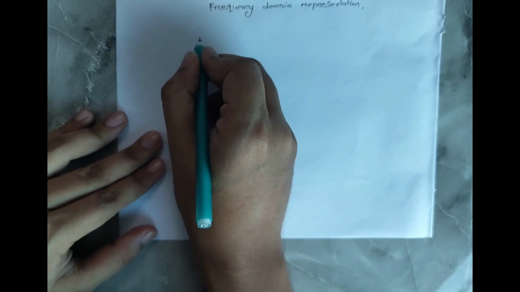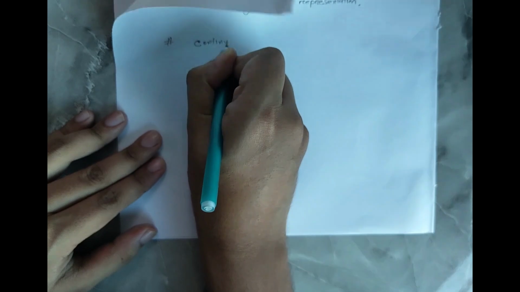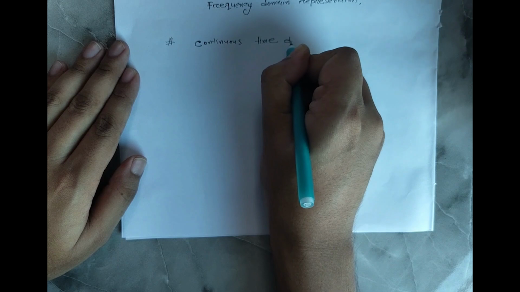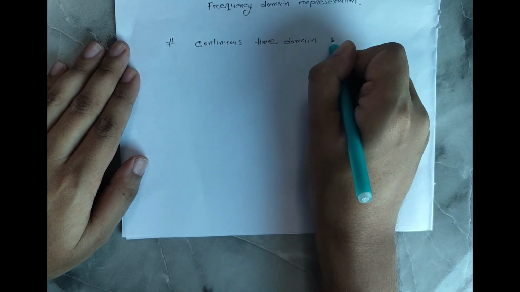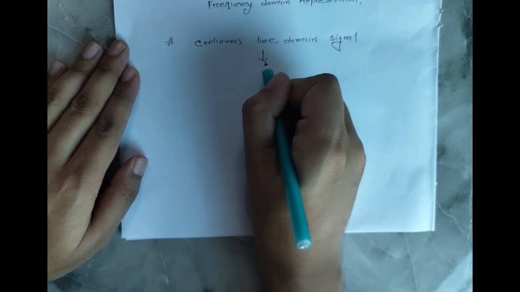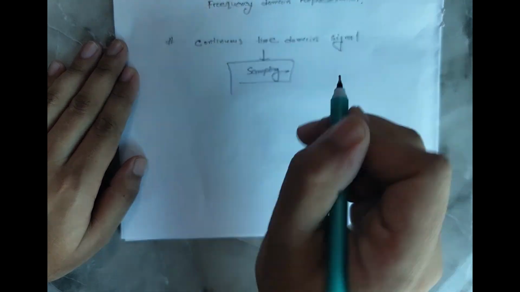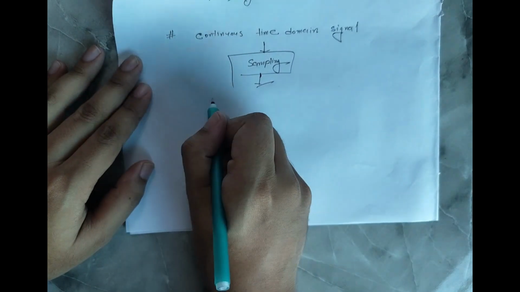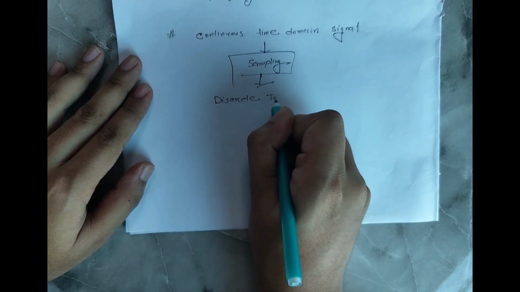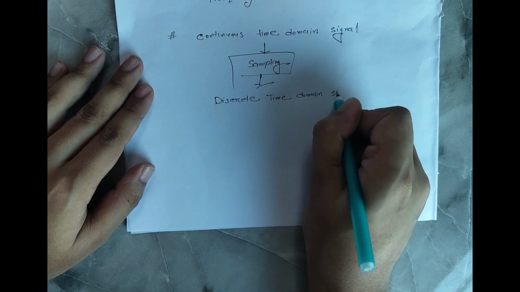That means a continuous time domain signal, by applying sampling, will be converted into a discrete time domain signal.